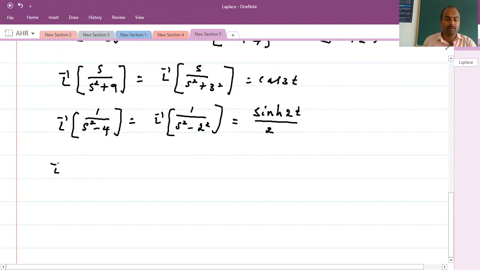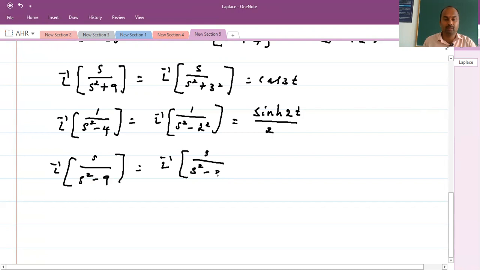Then the inverse Laplace transform of s by s square minus 9. That is s by s square minus 3 square, 3 square is 9. So therefore this is cosh 3t.